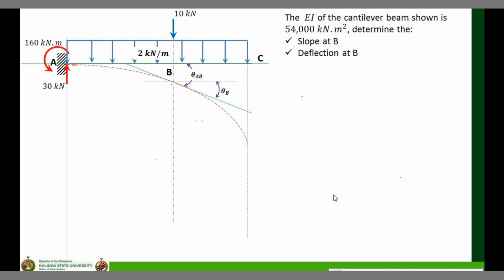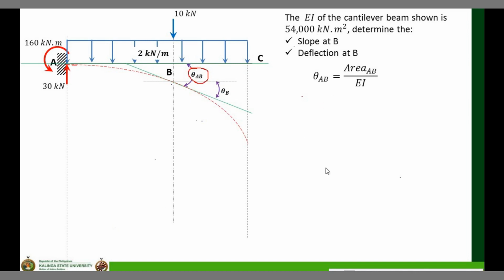Do you see the difference? If you look at that diagram, how can we get the slope at B? I need to get the value of theta AB. Why should I get this one?